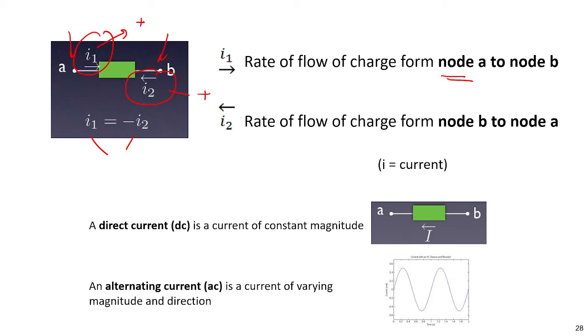This is direct current, which is constant. If it is an alternating current, it will be analyzed by the sinusoid waveform, which has a sine or cosine shape.